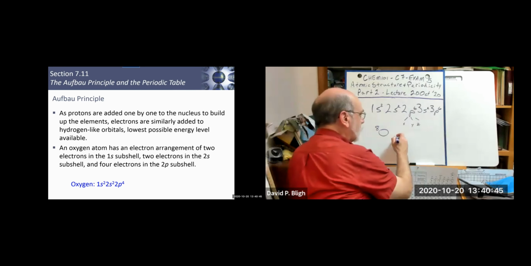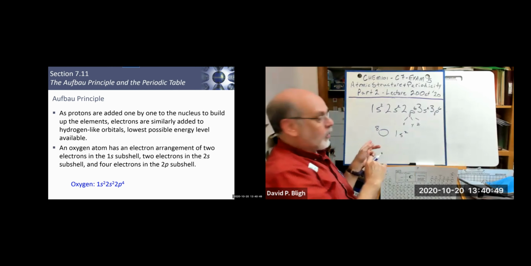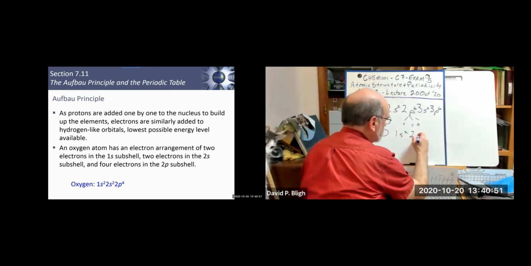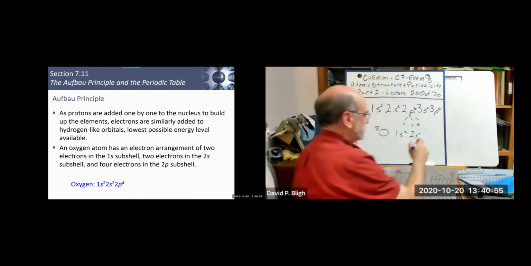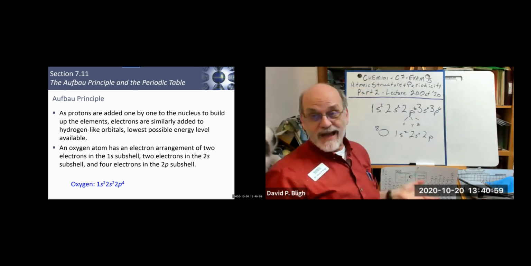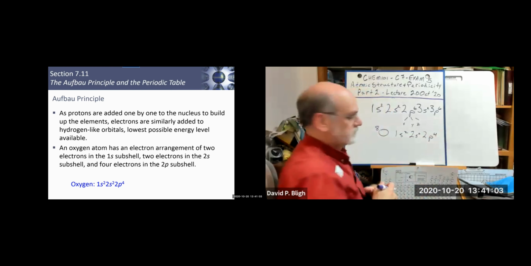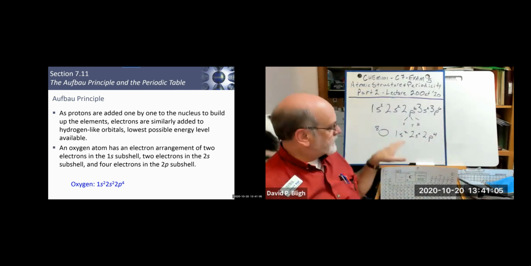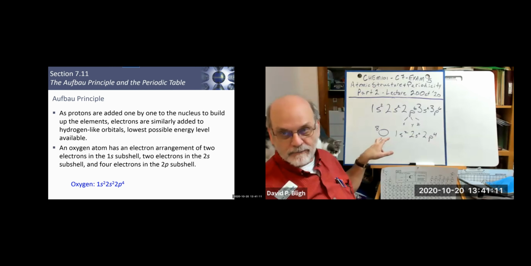Right? So you can have 2 there. We've got room for 6 more. So you can have 2 in the 2s. That's 4. We can have 4 more. So how many go in the P? P can have a maximum of 6, so you can put 4 in here. So that's the ground state neutral electronic configuration of the oxygen atom.